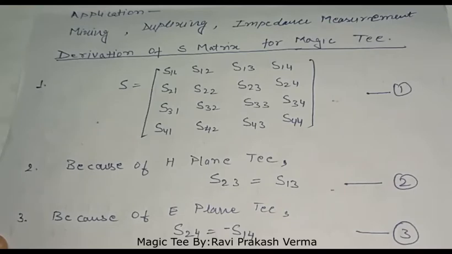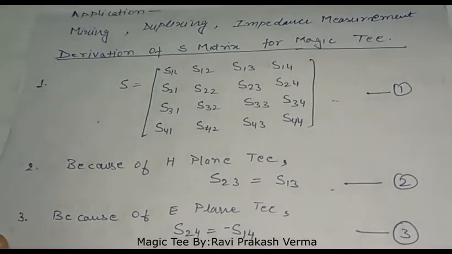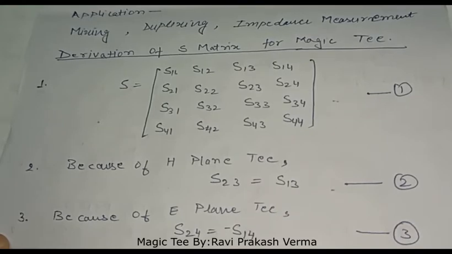So we are going to derive the S matrix for the magic T. Basically magic T consists of 4 ports, so the order of the matrix is 4 cross 4. For the H plane T at port 3, port 1 and port 2 have equal magnitude and equal phase. That's why S23 is equal to S13.